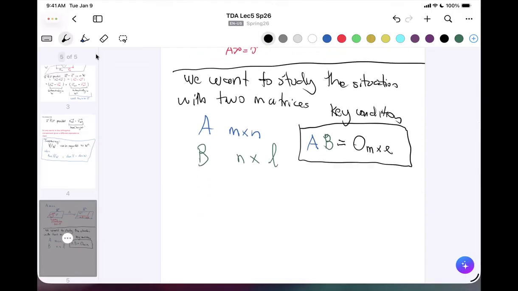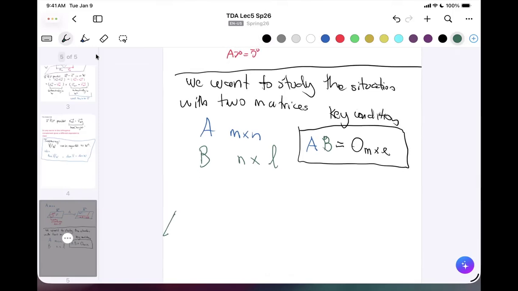Okay, and it's nice to draw what's going on here. Now we're really working with three vector spaces, because what is happening with B? It is a size n by l matrix, right? So this means that B goes from R^l into R^n. Actually, this is the one that I need to be the largest one, so maybe let me see if I can redraw this a little bit.